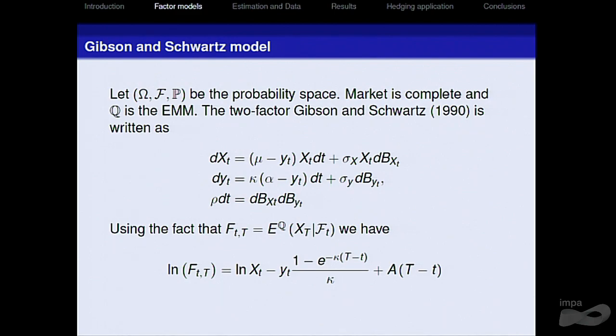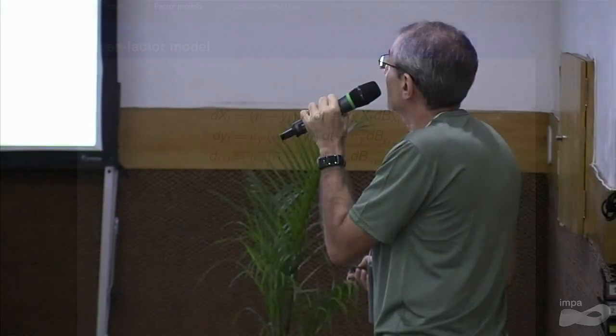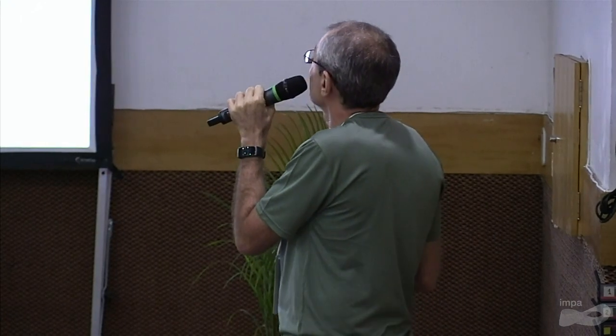So the idea is to explore more the convenience yield dynamics without making assumptions about models which would have more problems to calibrate. One idea is to look at the long-run average of the convenience yield, which is not a constant but has its own dynamics, also an Ornstein-Uhlenbeck process.